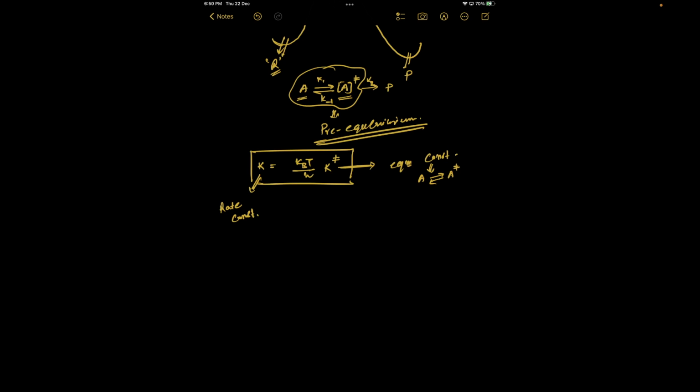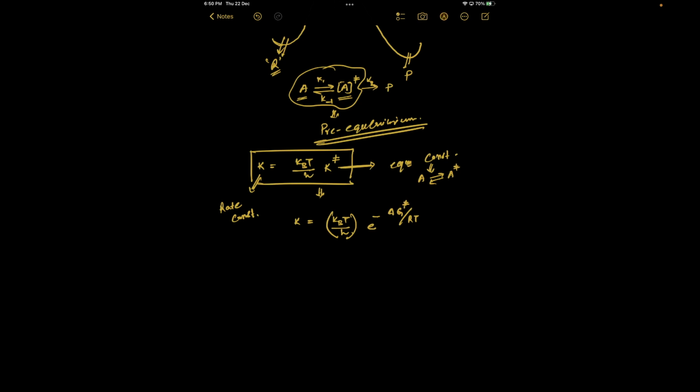So k will be equal to kBT divided by h, and the equilibrium constant we can write as e to the power minus delta G double dagger divided by RT, right? We can write any equilibrium constant as exponential minus delta G double dagger divided by RT.